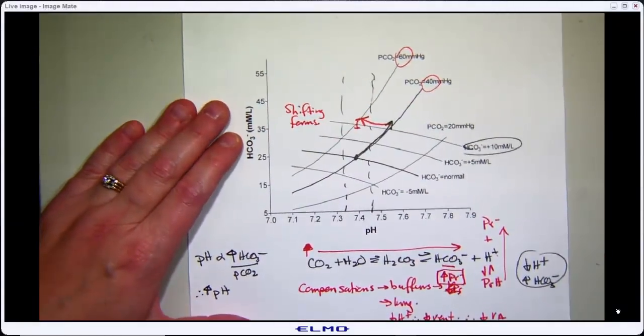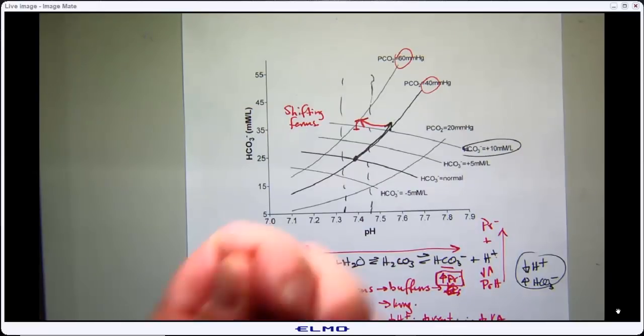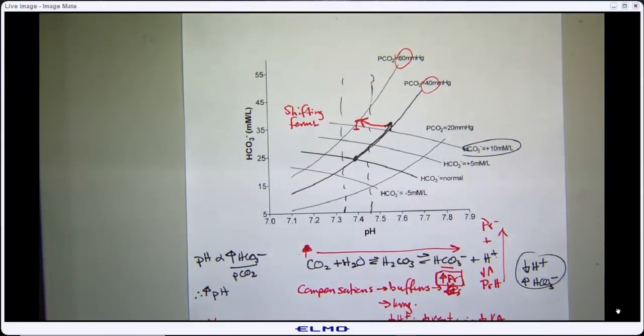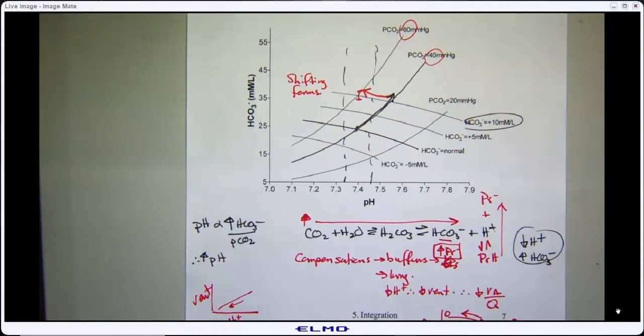So base excess was the problem, but there is a shift in form once we fix the problem, okay? So it does seem a little weird, right? This is where things get so confusing. It does seem a little odd that in an increased hydrogen ion situation, we would have an increased bicarb, right? That does seem a little odd, but boom, there it is for reals, okay?